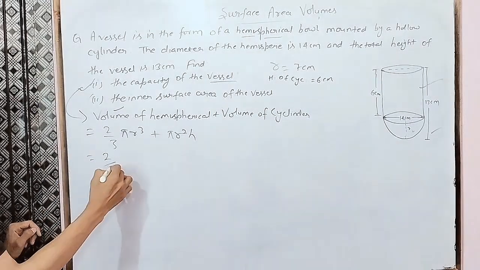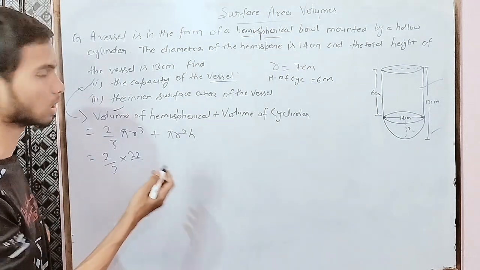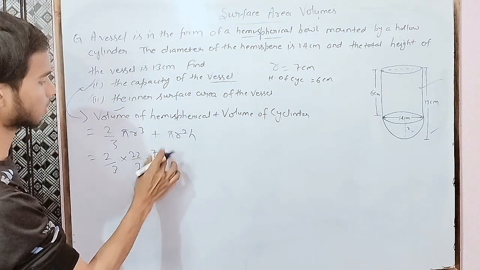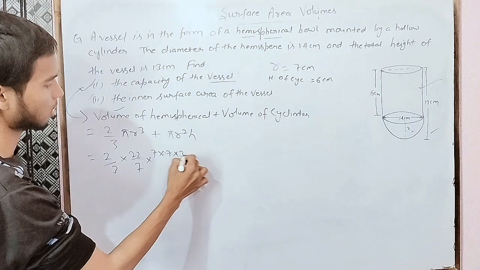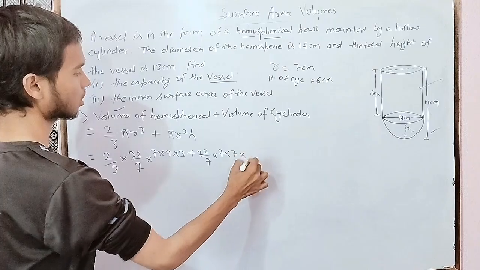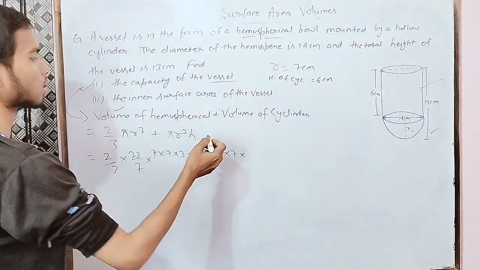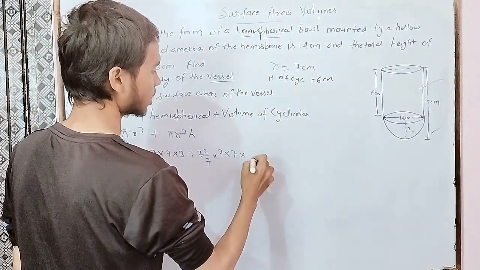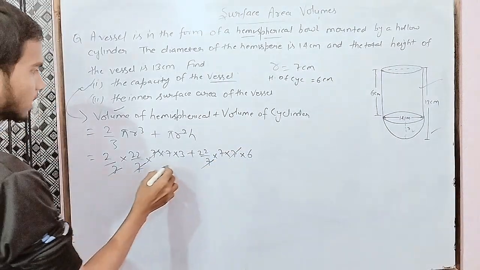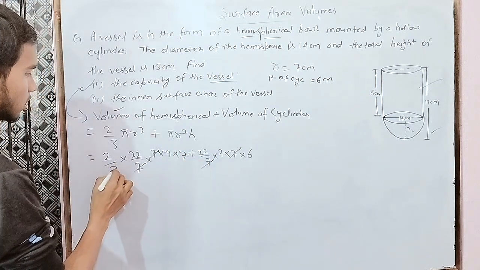Okay, 2 upon 3 pi. We are putting in all the values of each variable. So here r is 7, which is 3 times, 22 upon 7, again 2 times. h of the cylinder would be 6 centimeter. This will get cancelled out. Here this is a 7, and the 3 will remain as it is.